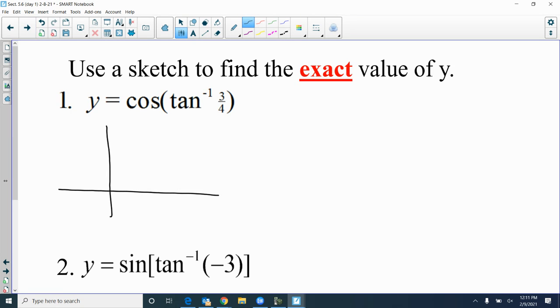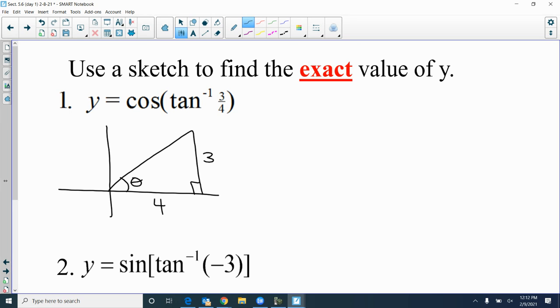Tangent is still and always will be opposite over adjacent. So you're just going to draw a triangle in quadrant 1 whose opposite side is 3, whose adjacent side is 4. I don't know what the angle is, but I know opposite is 3, adjacent is 4.